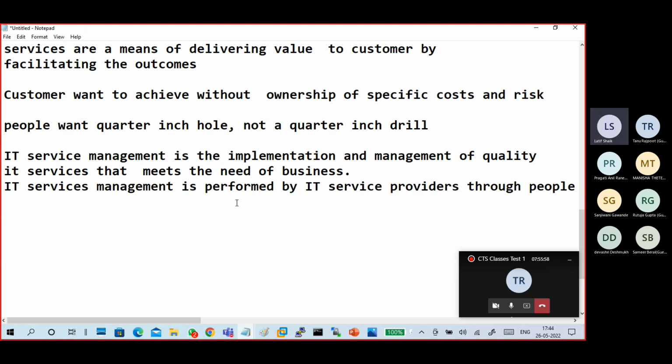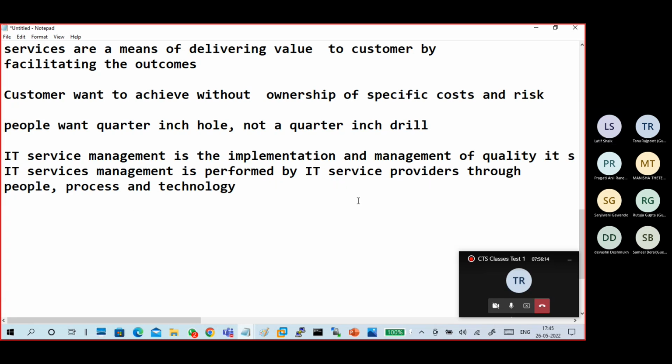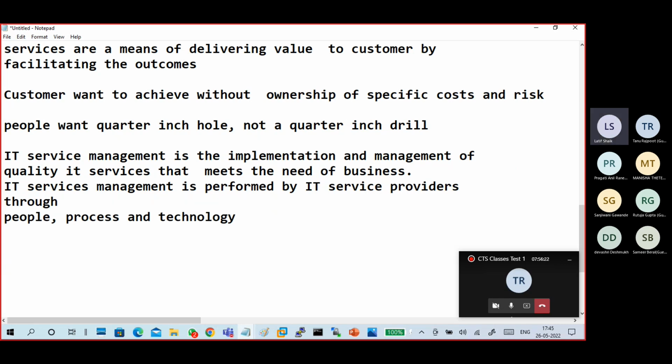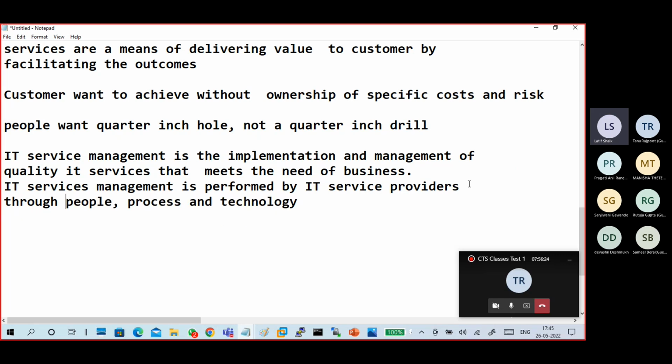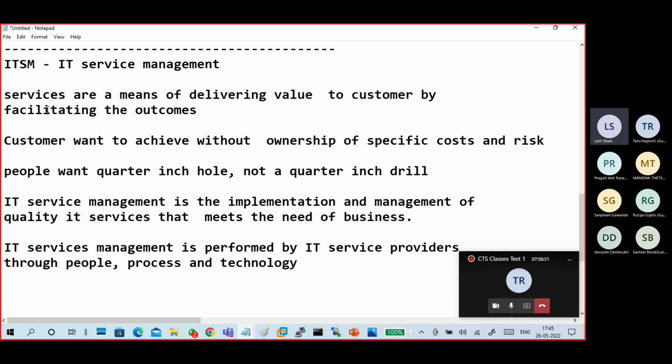IT service management is performed by the IT service provider through people, process, and technology. So these are the points in ITSM, IT service management. Always keep these in mind, guys.